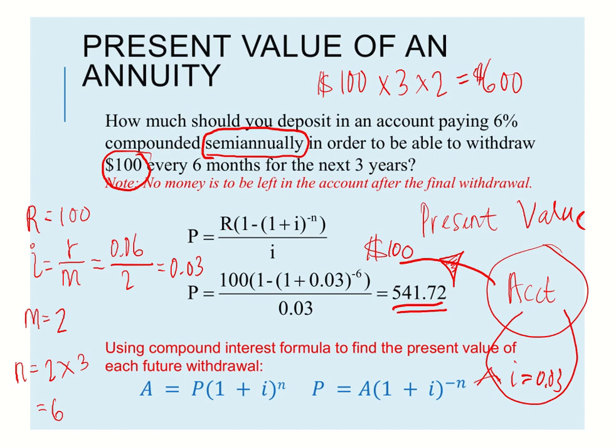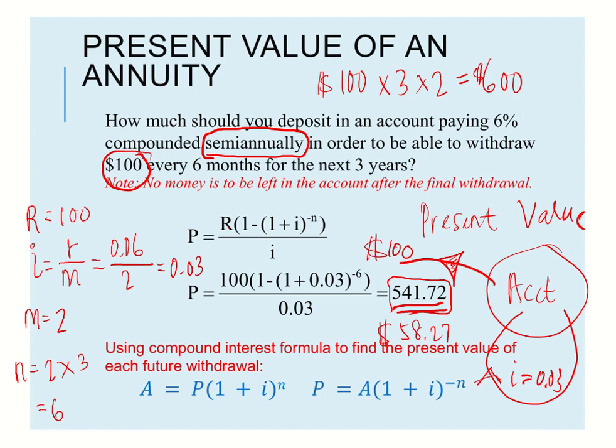In the beginning you just need to deposit this amount, and at the end you take out 600. Therefore there will be $58.27, which is the interest generated by the account.